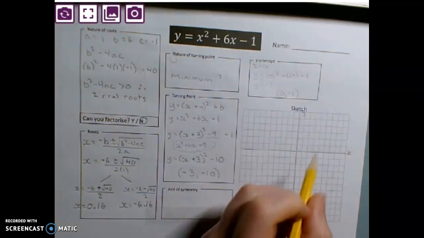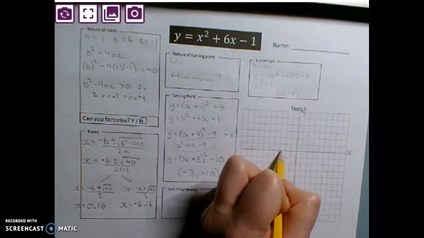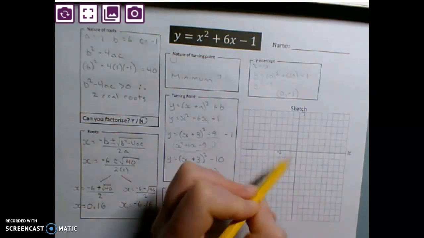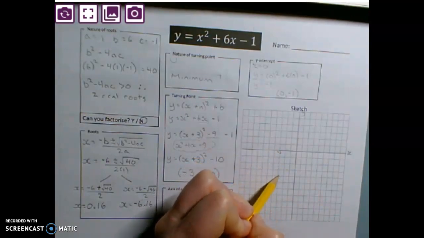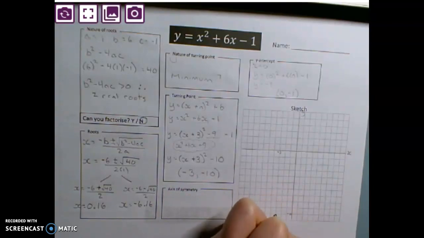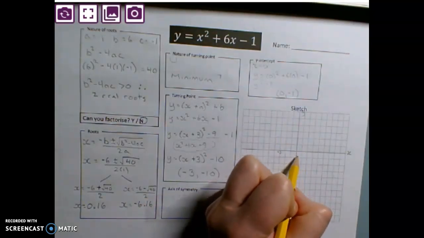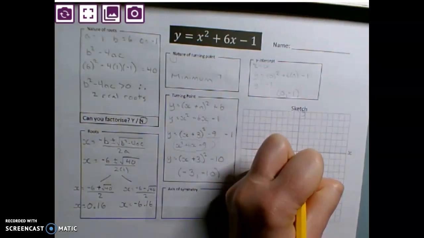From my center it's going to be negative 3 and negative 10. So 1, 2, 3, 4, 5, 6, 7, 8, 9, 10, all the way down here. There's my turning point. Now I want to plot my y-intercept, which is 0, negative 1. So we're up here, negative 1.